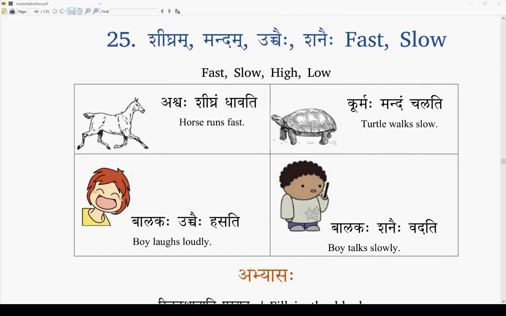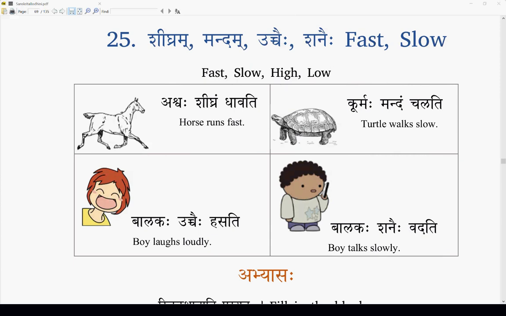It is associated with the Kriyapadam, and Kriyapadam doesn't have a lingam. So this Sundara, because it is not Avyayam, by default it is used in Napunsakalingam, Dvitiya Bhakti, Ekavachanam. Balaka Sundaram Gacchati, Balaka Sundaram Vadati, Balaka Sundaram Likhati.